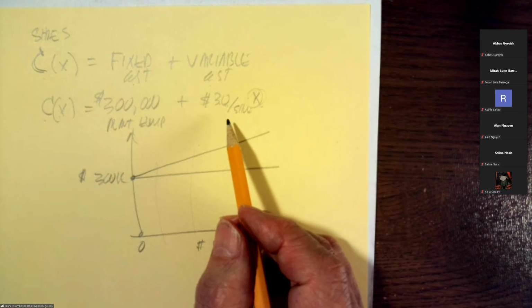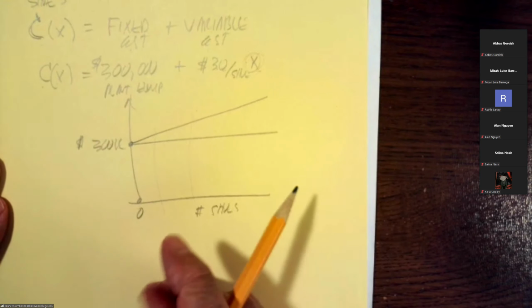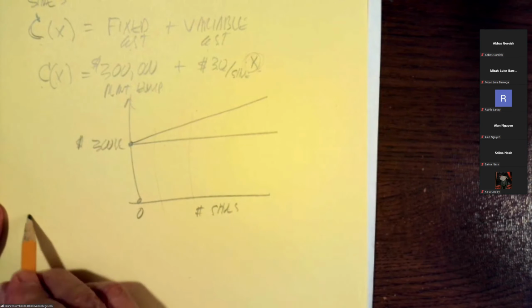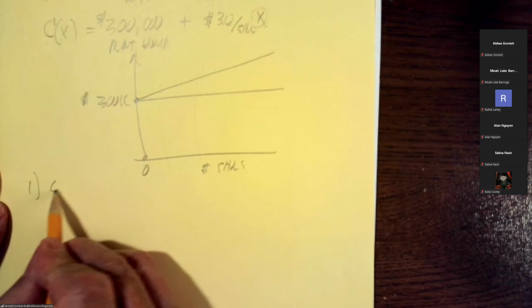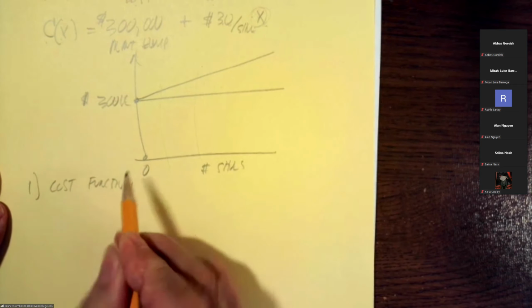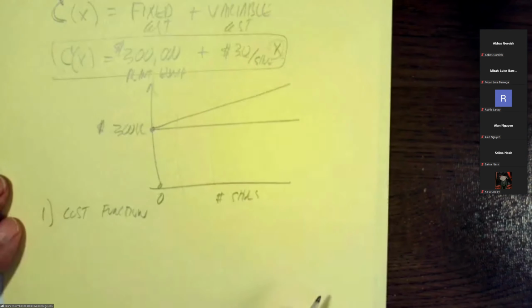So then if I were to write a cost function for producing the running shoes, you would say this equation is a cost function.